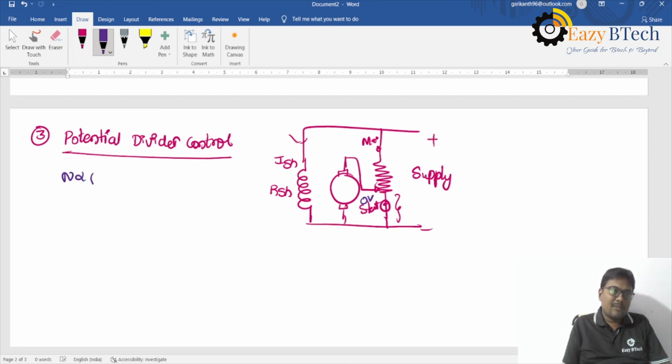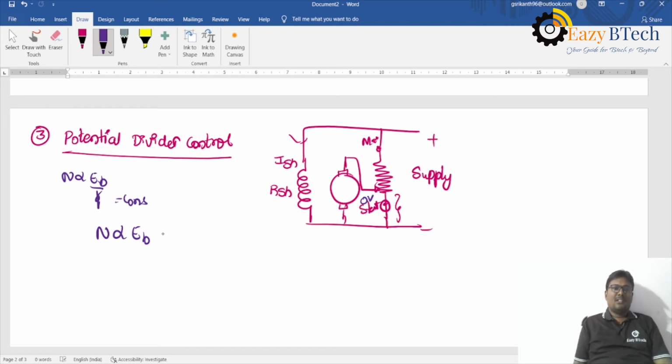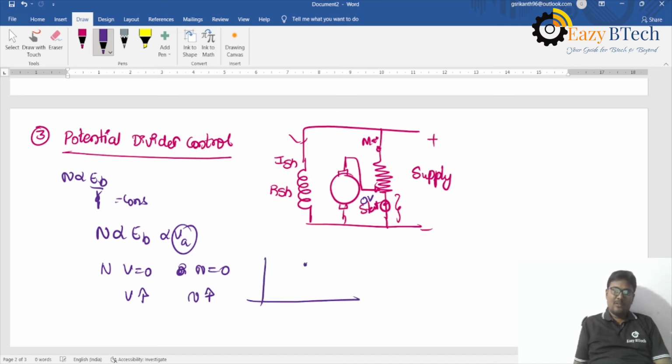N is directly proportional to Eb by phi. The phi is constant, then N is directly proportional to Eb. If the voltage is 0, there is no voltage across the armature, so the armature speed is also 0. If the voltage increases, the speed also increases. So speed from up to zero is possible.